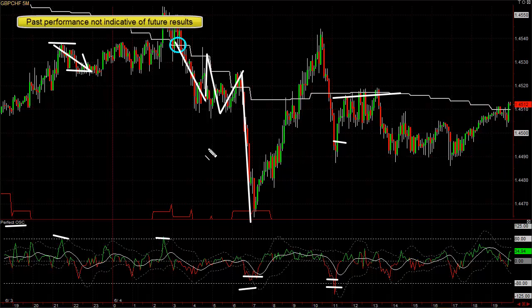It knows what the volatility is of each currency at every time of the day, and it knows the most it's moved in the last 20 days for that time of the day, and it shows you visually on the chart how far it's moved compared to how far it's moved in the past for that time of the day, and it doesn't use number of bars back, look back periods like most oscillators do, which are garbage.